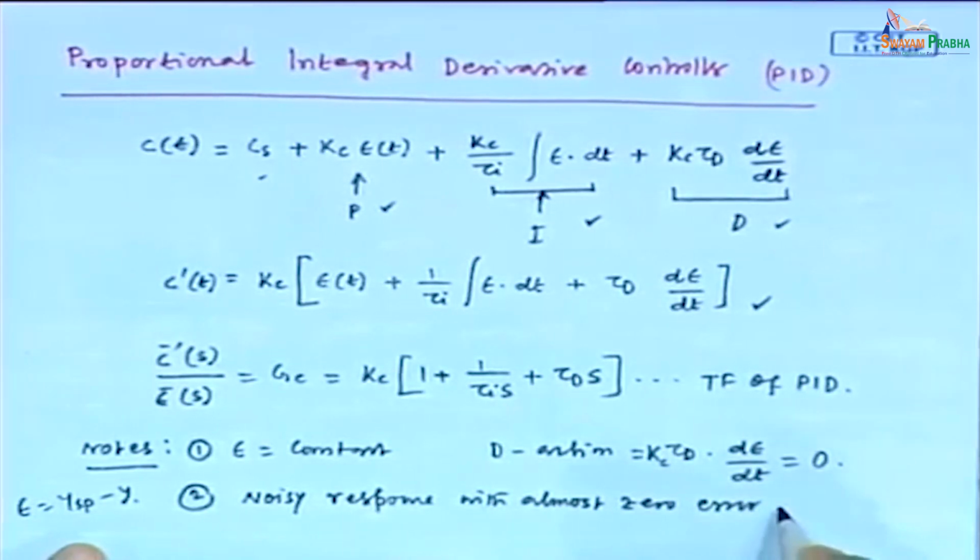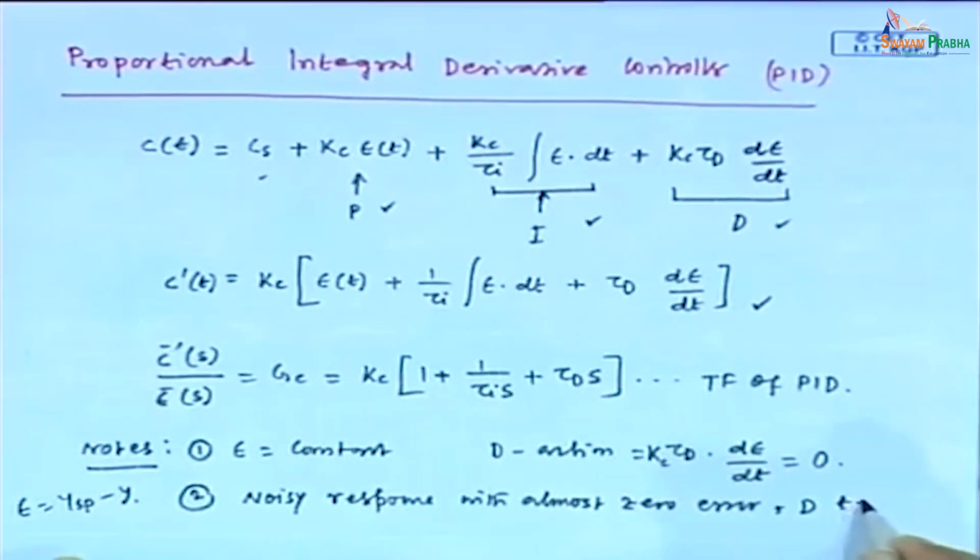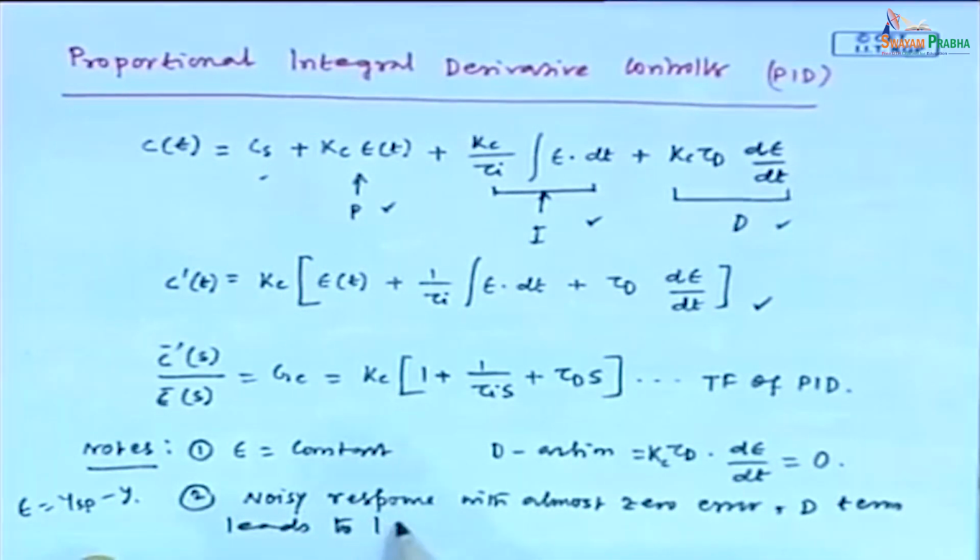D term leads to large control action, although that is not needed. For a noisy response with almost 0 error, the derivative term leads to large control action, although that is not required. So, we can say this is unnecessary.